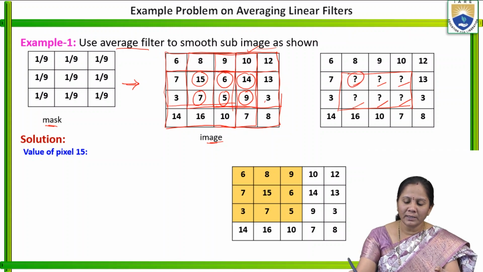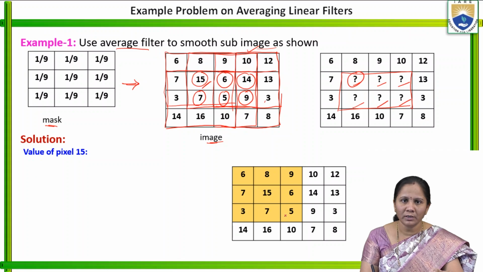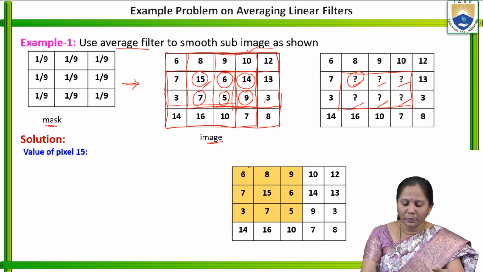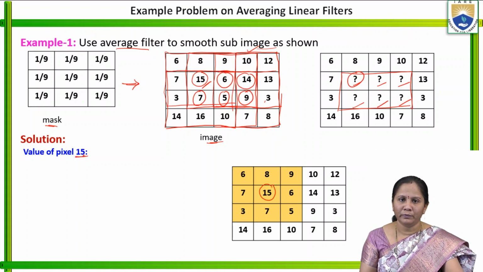So, the first pixel here is 15. In order to make this the center pixel, you can see this yellow color, which is called the shaded region. That means where we are going to put the mask. So, if you put the mask like this, 15 is becoming the center pixel, and we are going to find the new value of this 15.